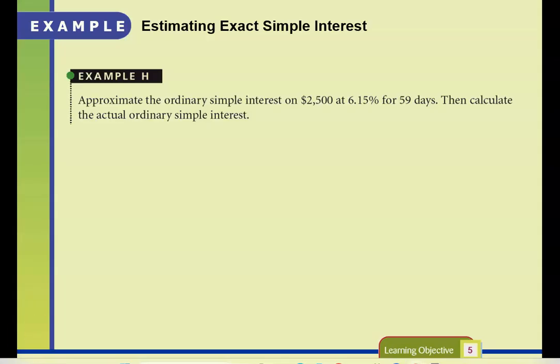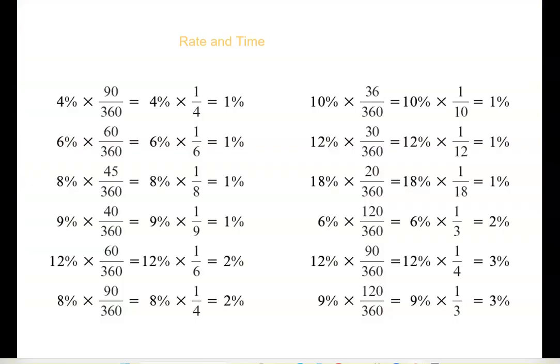I want to take a look at where we have about 6% interest. Recall that the rate was 6.15%, and that can be rounded to 6%. We also had a time of 59 days, and 59 days can be rounded up to 60.